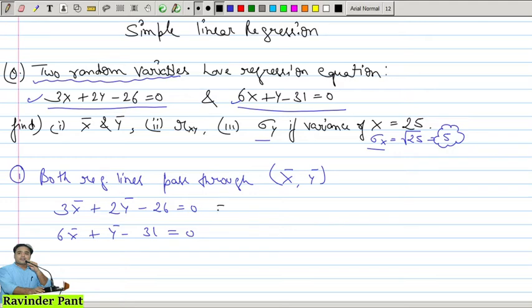This can be rewritten as 3x bar plus 2y bar is equal to 26 and 6x bar plus y bar is equal to 31. Now we need to solve for x bar and y bar.